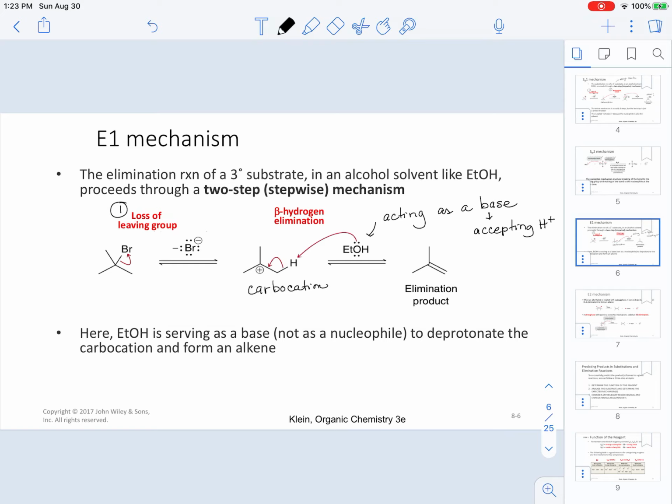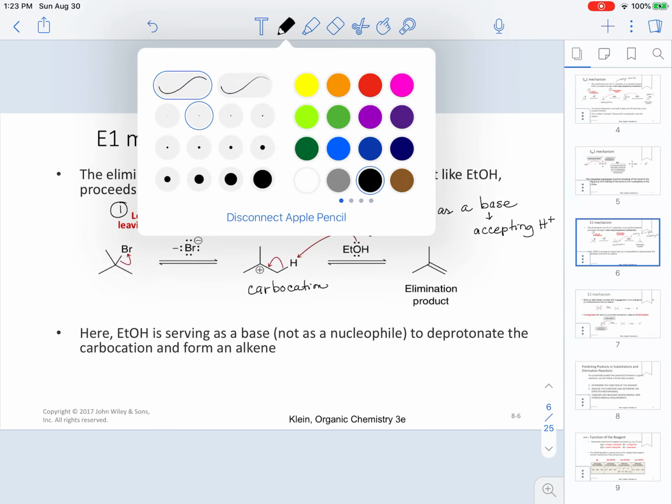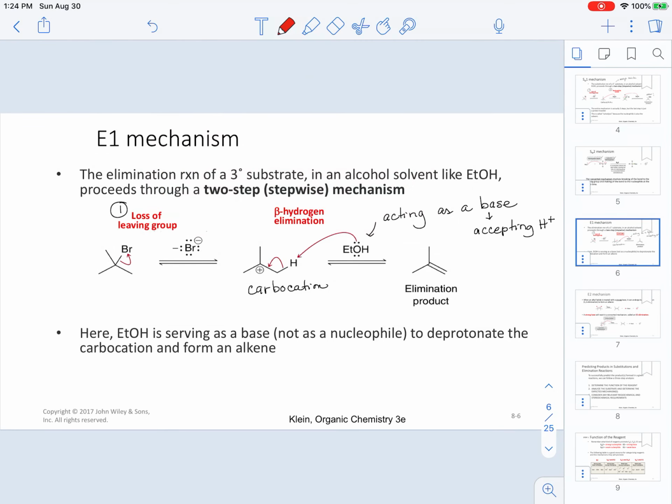In this case, as you can see, if I label my centers as alpha for the carbon that was holding the halogen and beta to the carbon atom that is bonded to the alpha carbon, the hydrogen that lives in the beta carbon is the one that gets extracted. And that's how we have an elimination product.